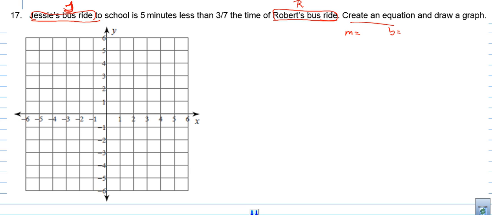The word "is" right here means equals. And then 5 minutes less than. Less than means subtract, but it's a special subtract where it means minus 5. Okay? And then it says 3/7 of Robert's.